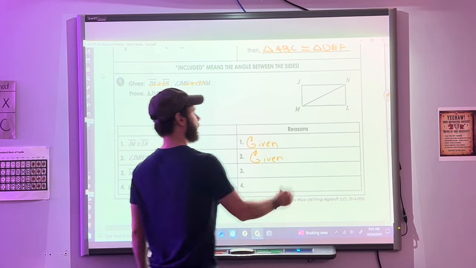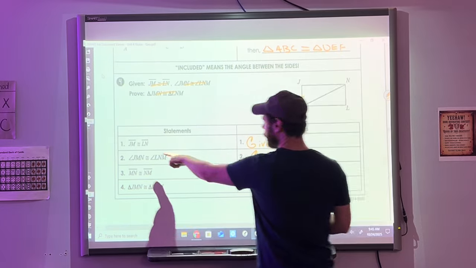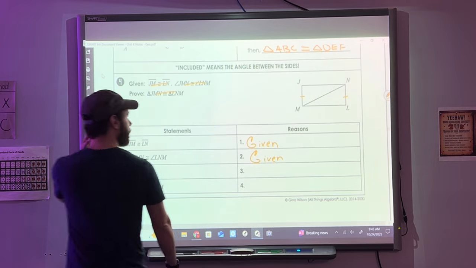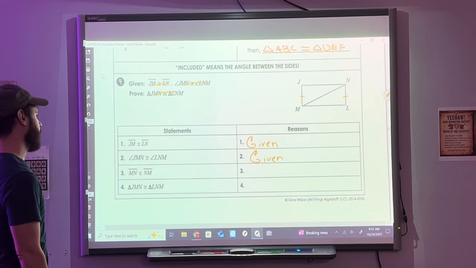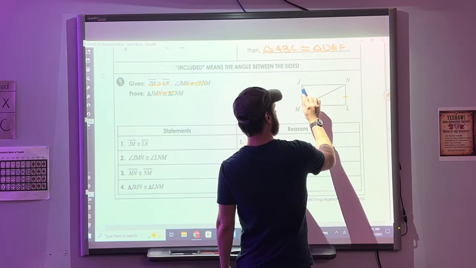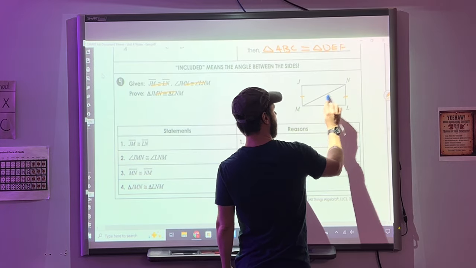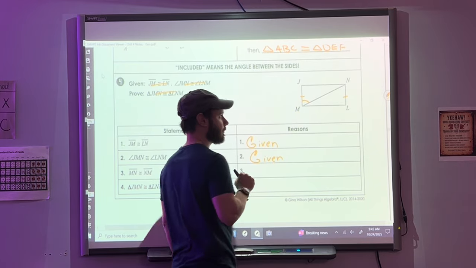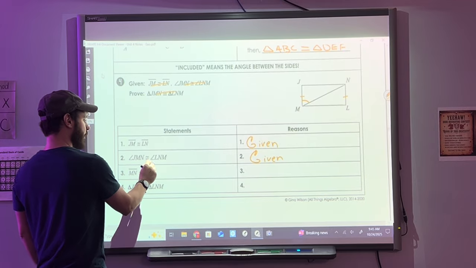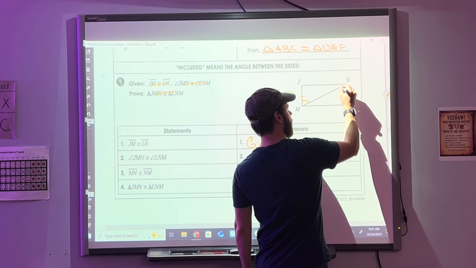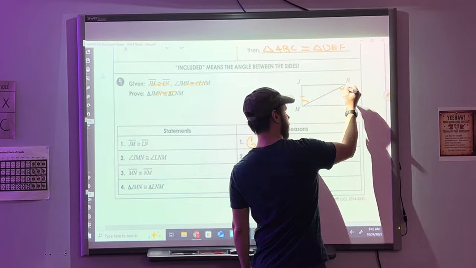JM, this one, congruent to LN, that one. Angle time, JMN. JMN is talking about this corner here. LNM. LNM is talking about this corner there.